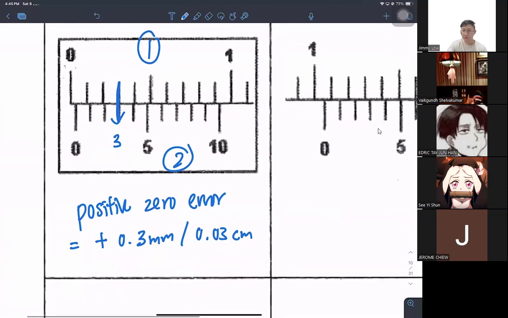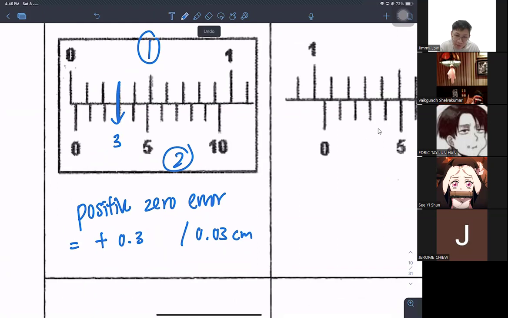Actually you can write in two ways: either 0.3 cm, or 0.03 mm.